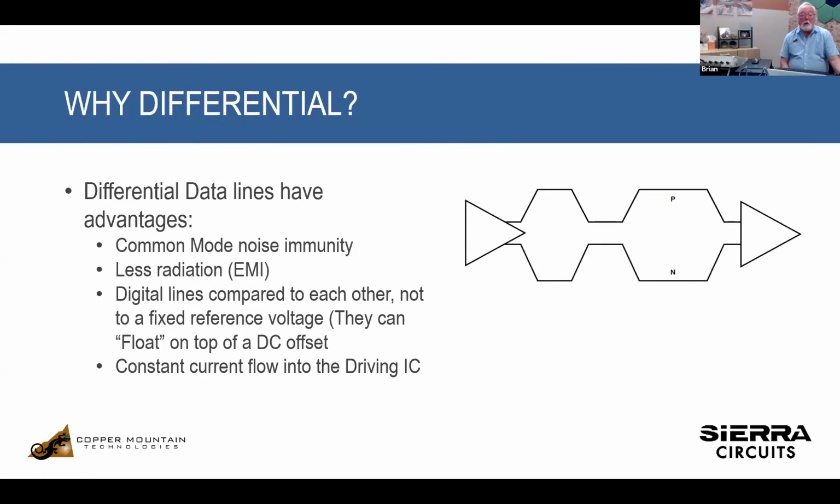So they can float on top of a DC offset if they need to, and they're not compared to perhaps a noisy reference voltage. So the bits are cleaner that way because they're compared to each other. Also, there's a constant current flow into the driving IC, since it's pushing both up and down simultaneously, which is a good thing.